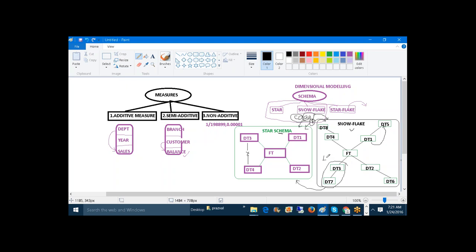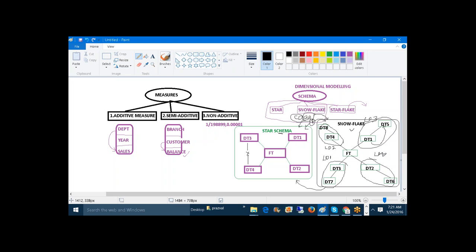Just group these physical dimensions into one single dimension known as LD1, one logical dimension. Group these physical dimensions into LD2, and group these two dimensions into LD3. Similarly, group the remaining two dimensions into LD4. A logical dimension is nothing but grouping with the help of a select statement.